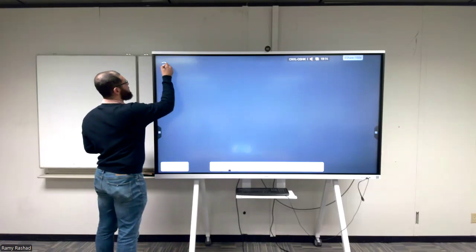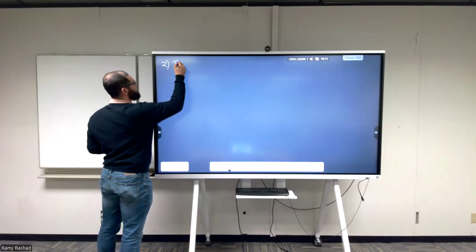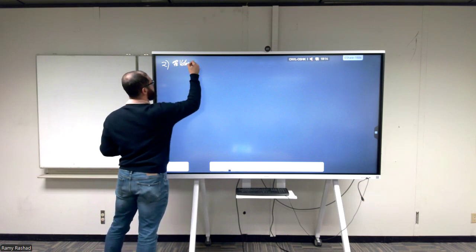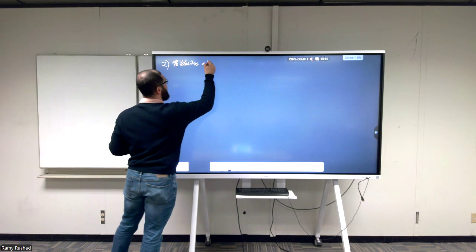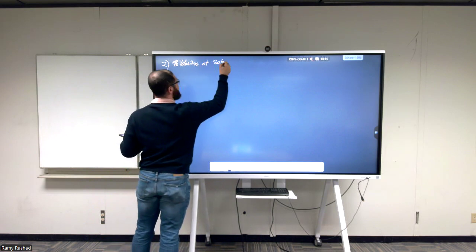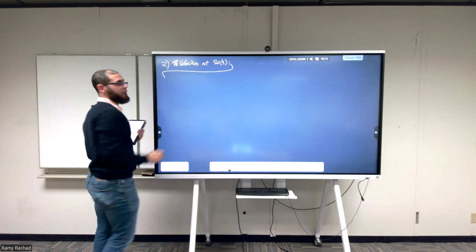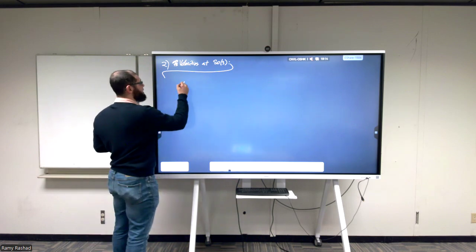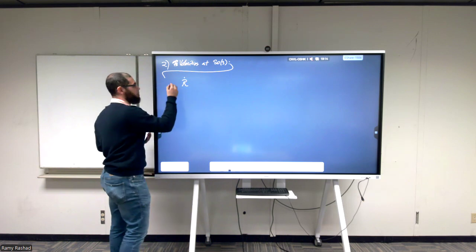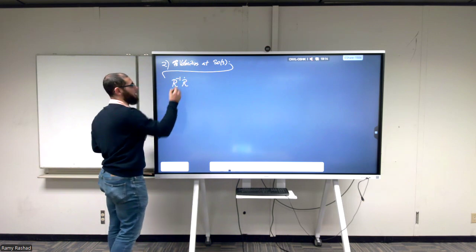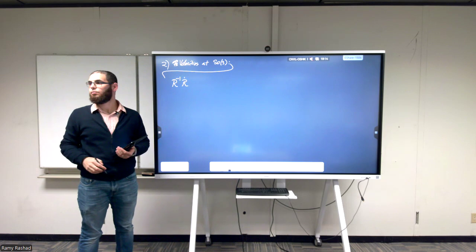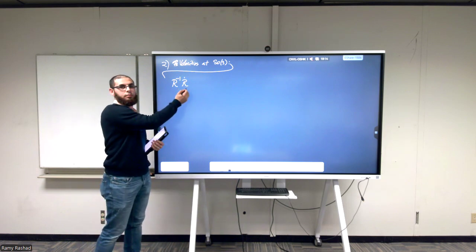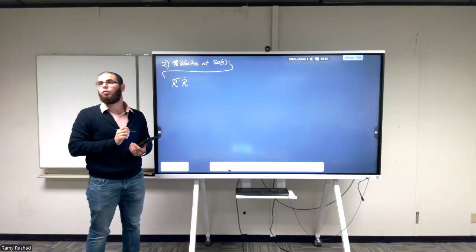So again, the velocities at SO3, at the Lie algebra. So if you multiply R dot from the left by R inverse, where do you go?